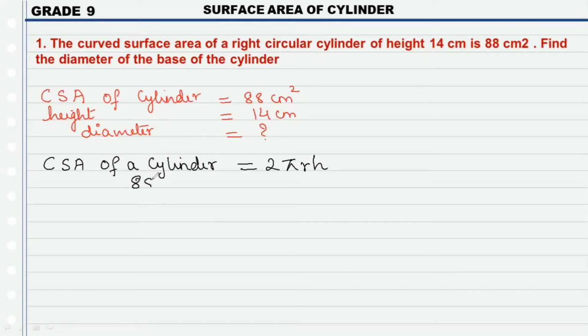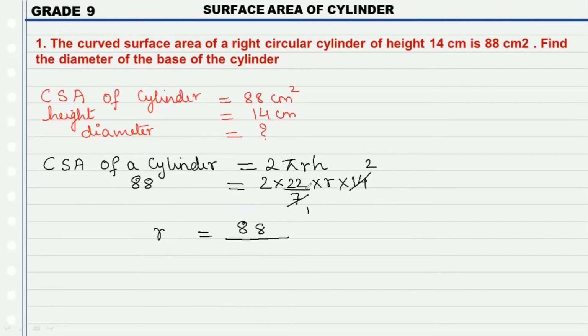CSA is 88 is equals to 2 into 22 upon 7, value of your pi. Radius we don't know because we have to find diameter. It means radius is not known. Into height. Height is 14. Okay. Solving this, we get 7 ones are 7, 7 twos are 14. That is radius is equals to 88.